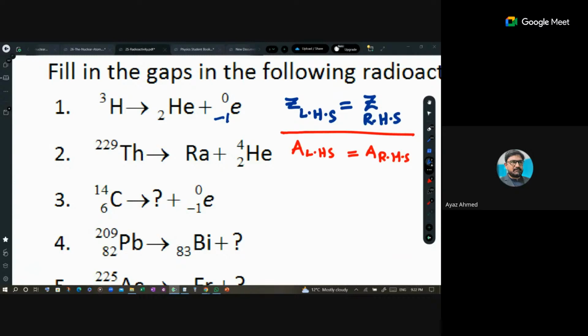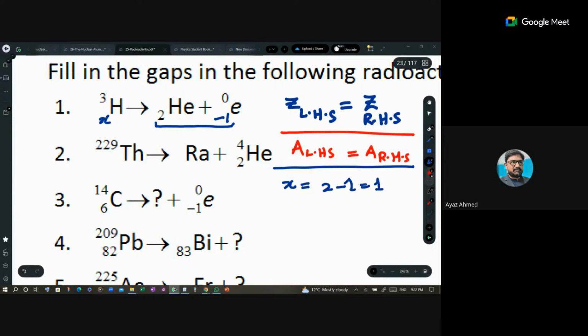It was -1. So let's say it is X. Let me help you out for the first one. All of you should take care of these equations. So X is equal to 2 minus 1, which means X is equal to 1. So just write 1 over here.